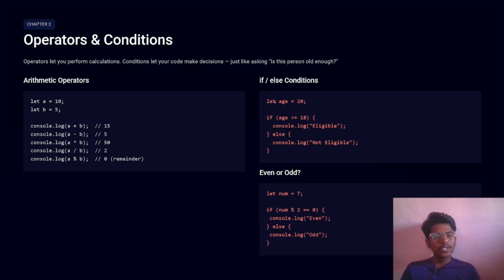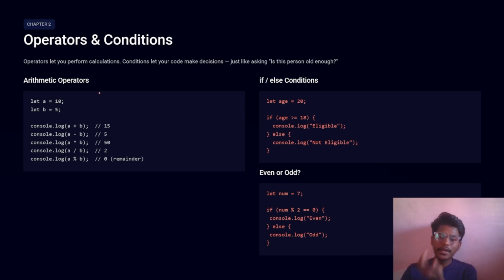Next, we are going to discuss operators and conditions. Operators. Mathematical calculation which is done in programming languages is known as operations, and we use operators to perform the operations.